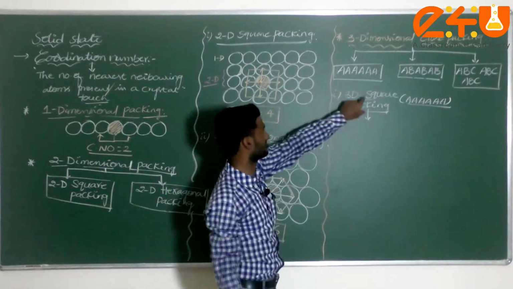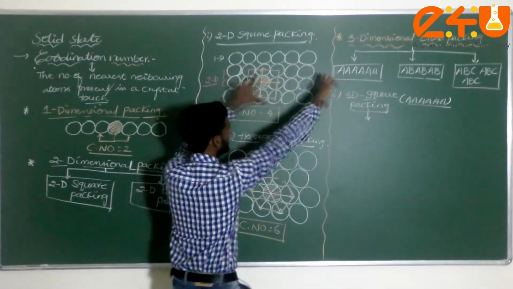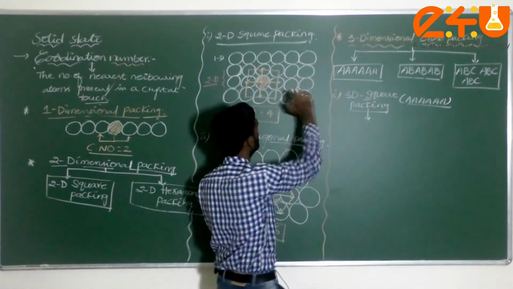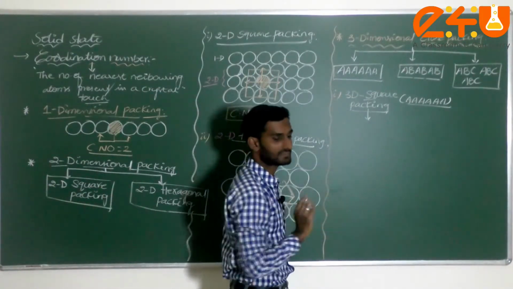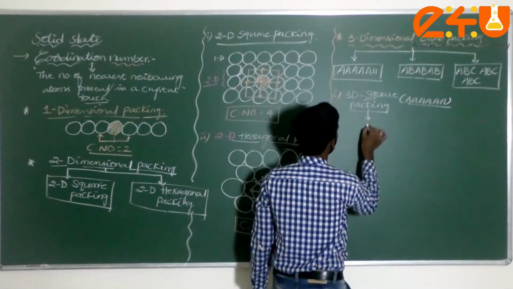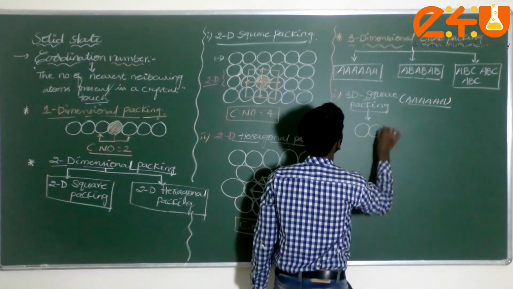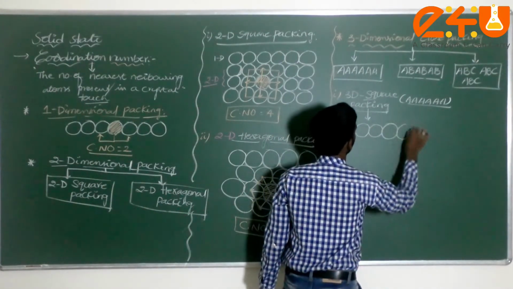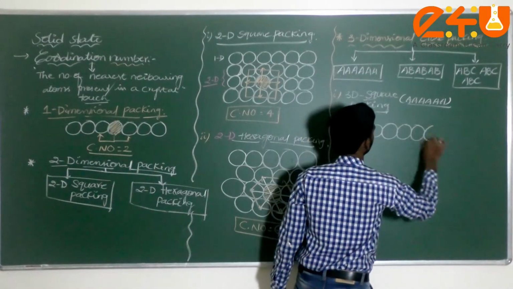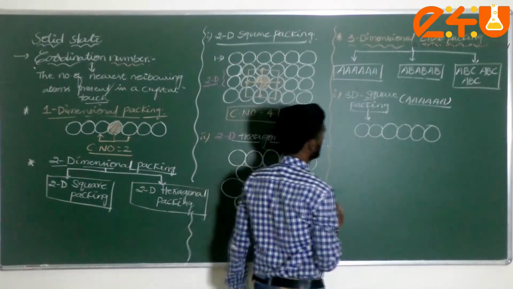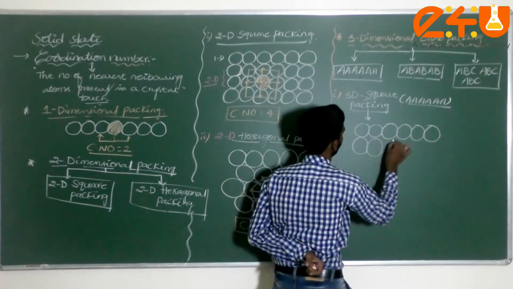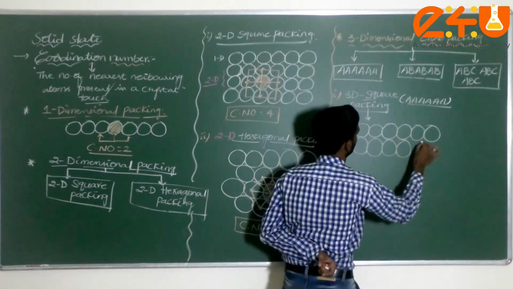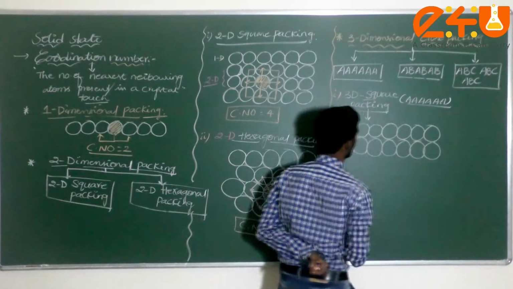Here 2D, here 3D. Everything is the same as we discussed, but how we are mentioning the third layer, sir, we can see. Now first of all I am taking 2D square packing, 2D layers. Am I correct?